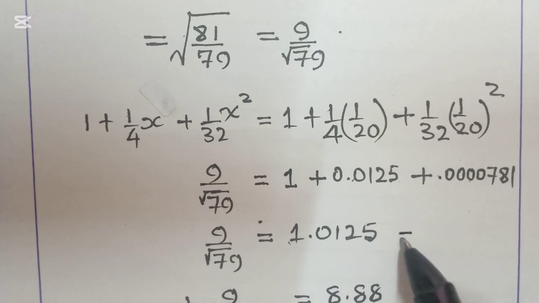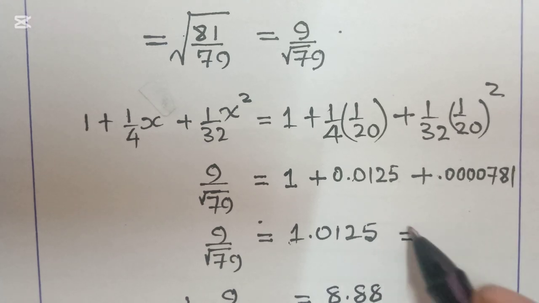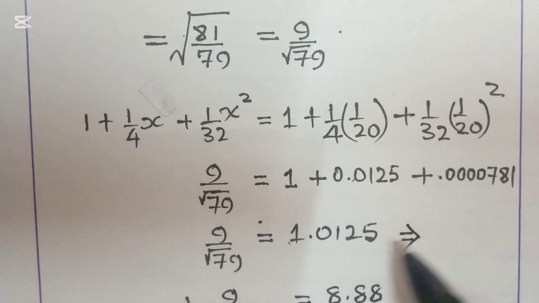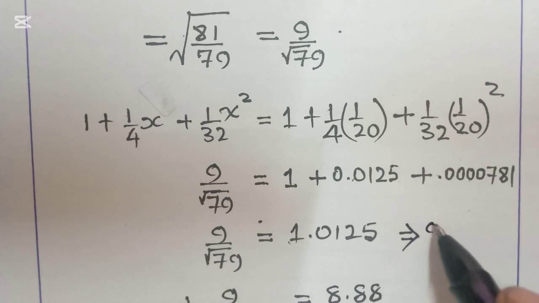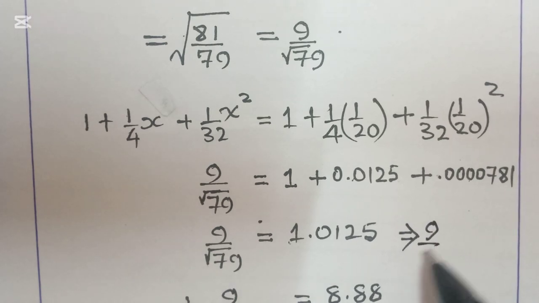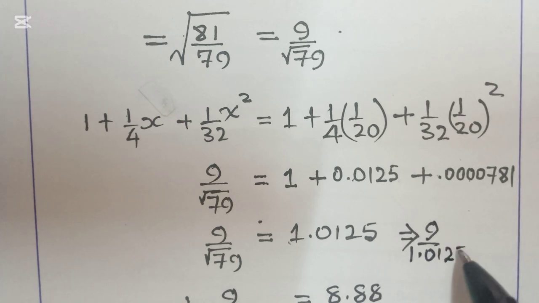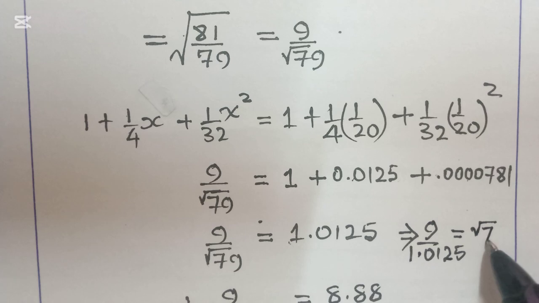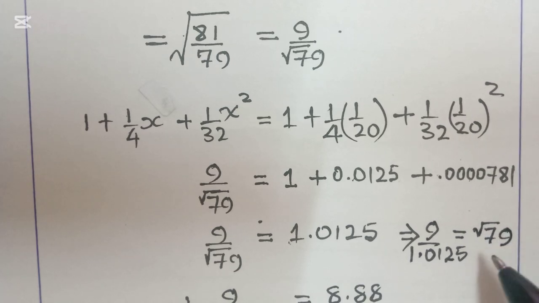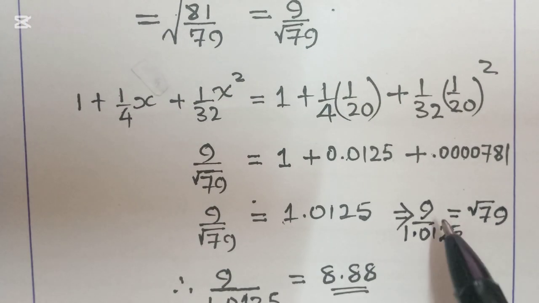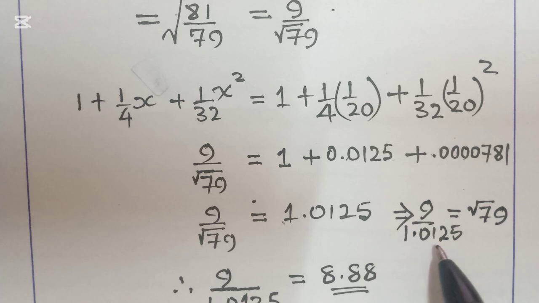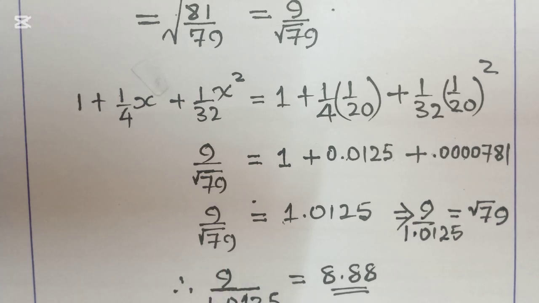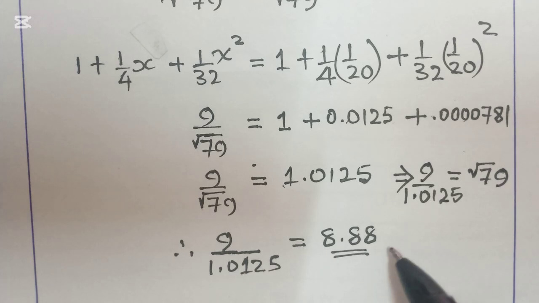I will put 9 here and then 1 all over 0, 1, 2, 5. This now gives me the square root of 79. So the square root of 79 is 9 over 1.0125. And this is now the square root of 79, and we get our answer as that.